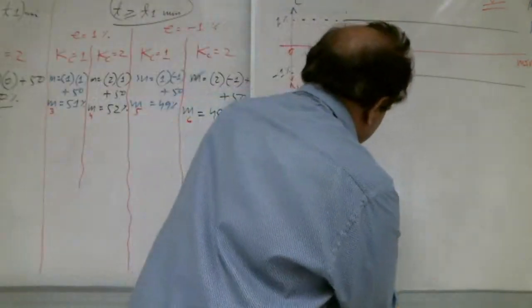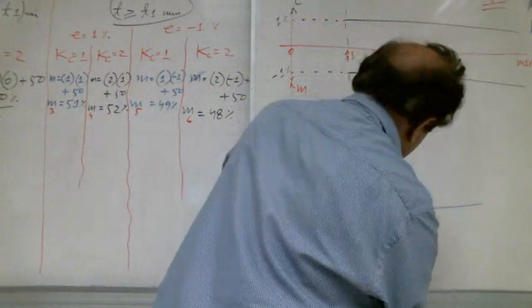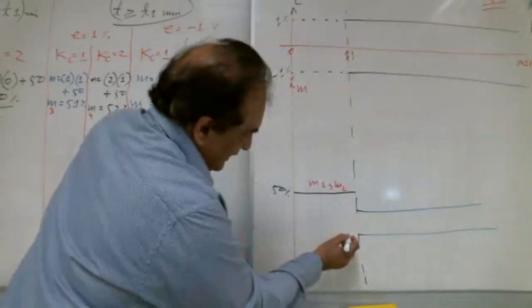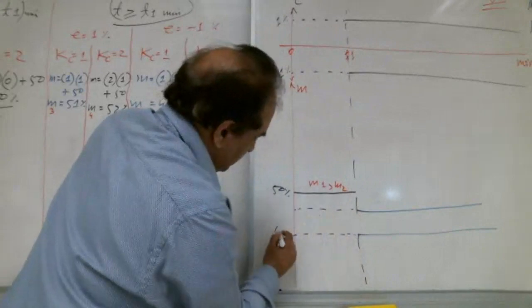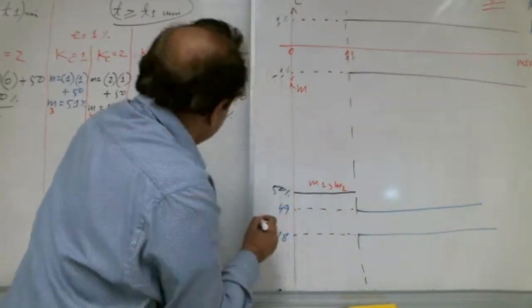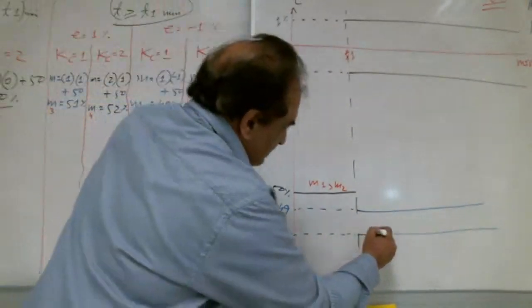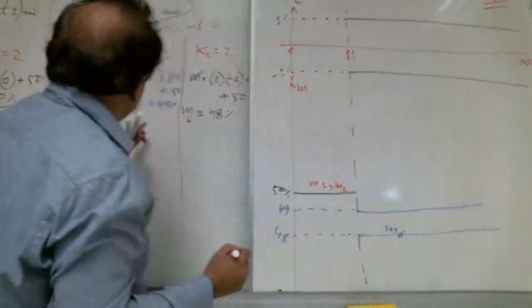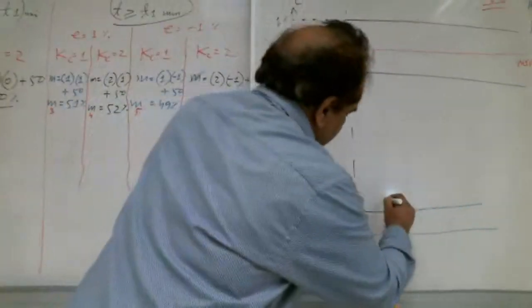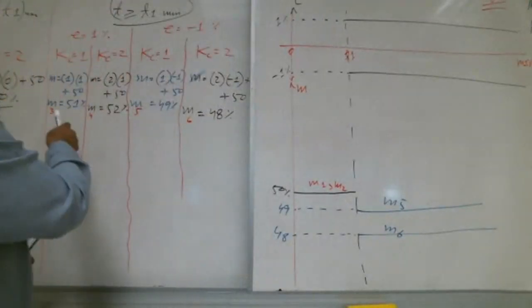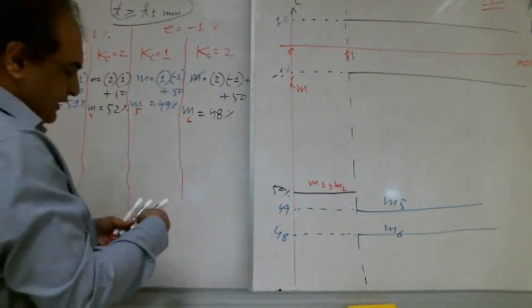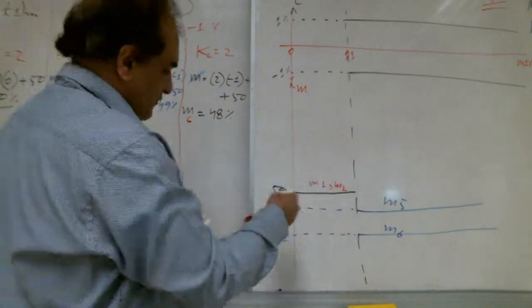Here again a dotted line, no value. So 48 is M6, 49 is M5, and 51, 52. So this is 50, this is 50.